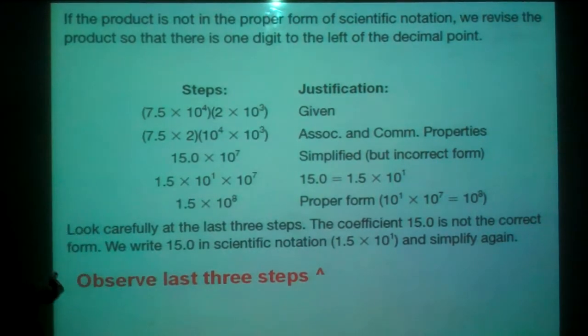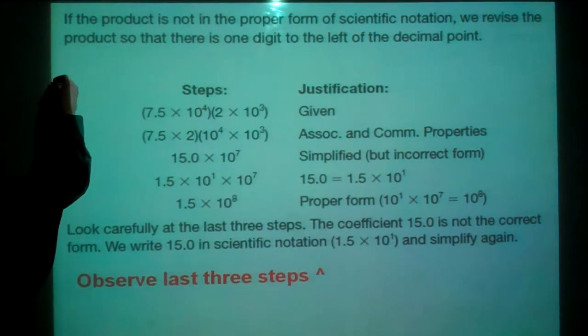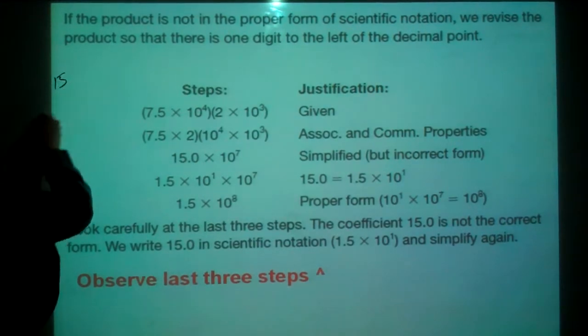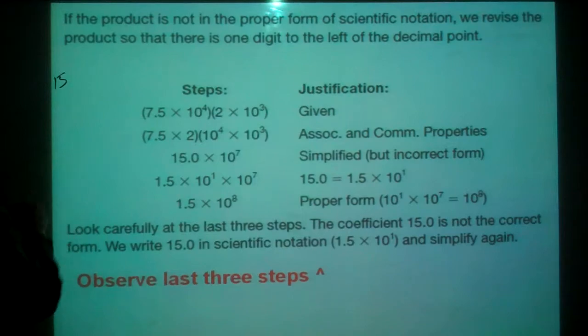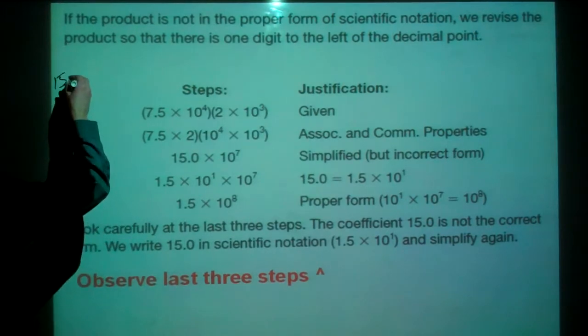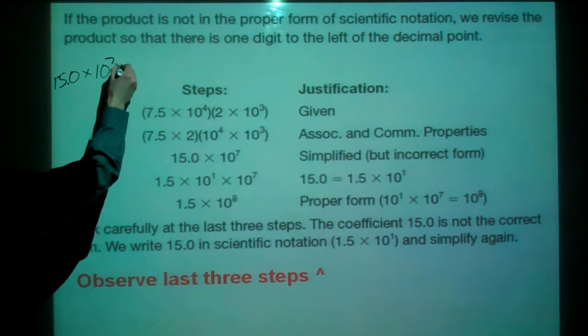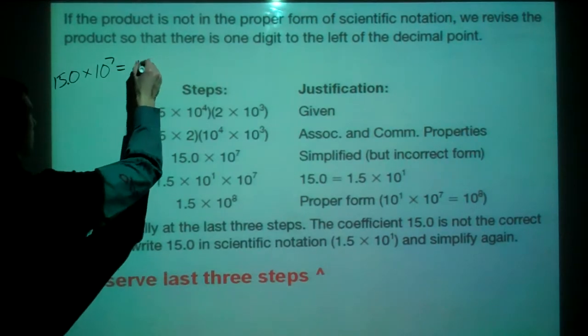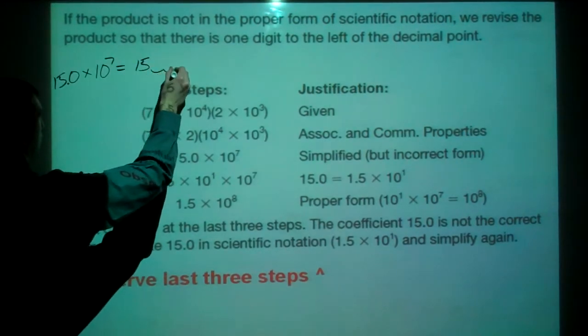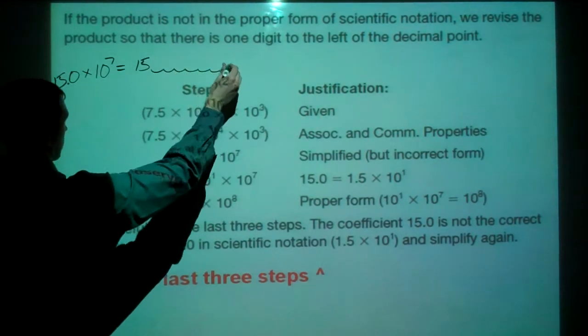Remember when we were looking at that first screen, we had an incorrect form and a correct form, even though they still came out to the same number. So 15.0 times 10 to the 7th equals 1, 2, 3, 4, 5, 6, 7.